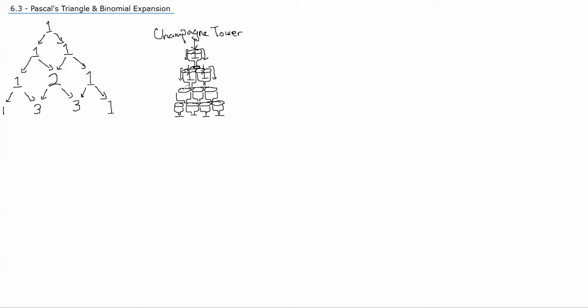But let's continue on because, again, it gets interesting after the second set of cups. If this glass fills at a rate of 1 and the right glass fills at a rate of 1, the middle glass is getting champagne from both left and right glasses. In essence, the middle glass will fill twice as fast as the glass on its left and right. So we write 1, 2, and 1.